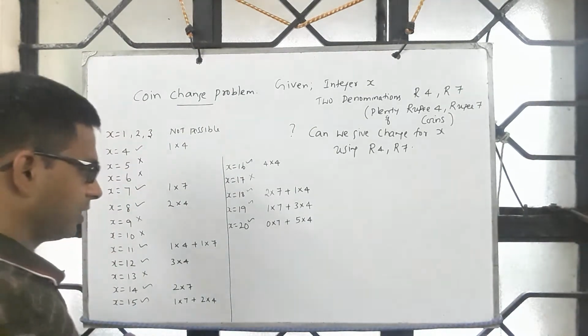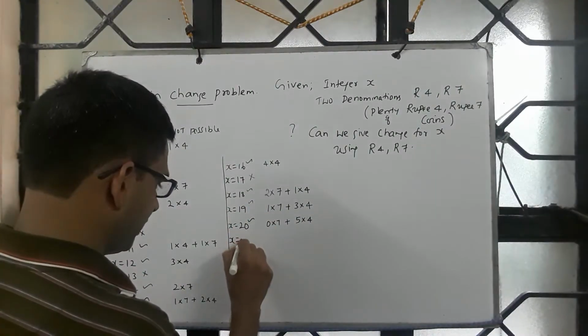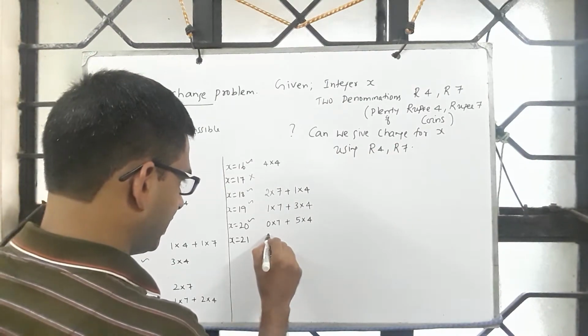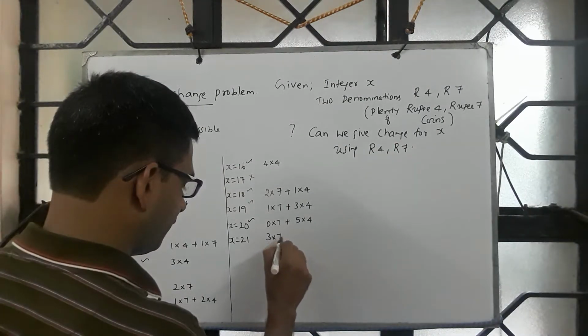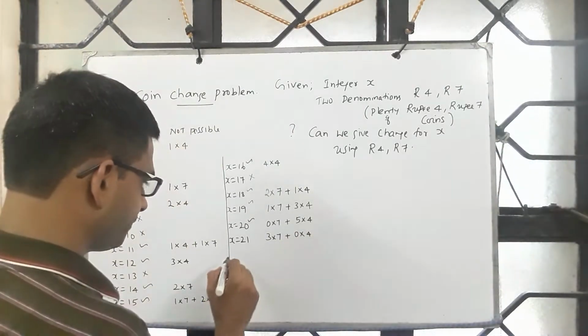Now you see that there is a pattern at least until 20. For 21, I give 3 7 rupee coins and no 4.